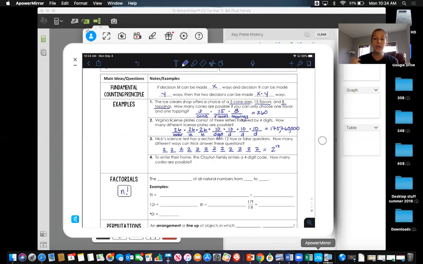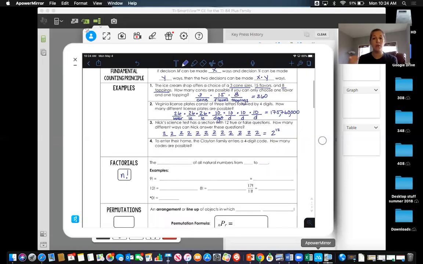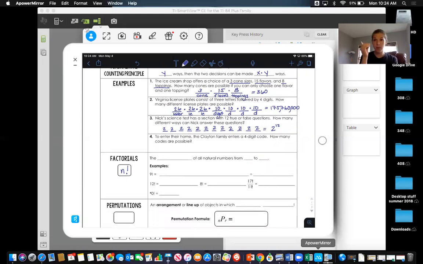What factorial is, it's the multiplication of all numbers from the number that you started with down through 1, okay? Or technically it's down through 0, but I'll explain what that means here in a moment. So let me show you what this would actually mean, and then I'll show you where it is in your calculator. So in this one, we've got 9 factorial.